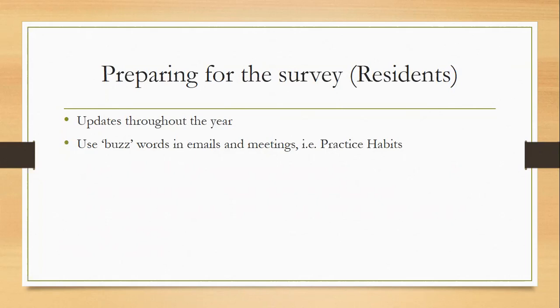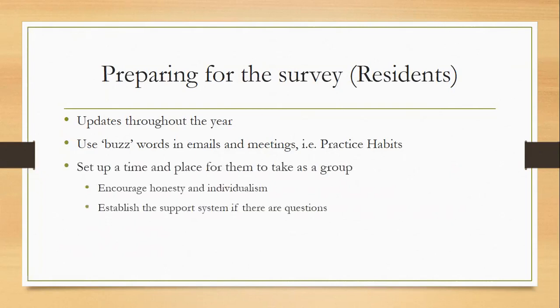So even if we're not telling the resident or the fellow, these are your specific results, and just saying these are the department results, that does fulfill the practice habits requirement. You just need to make sure that you are using the buzzword practice habits so that they put 2 and 2 together.